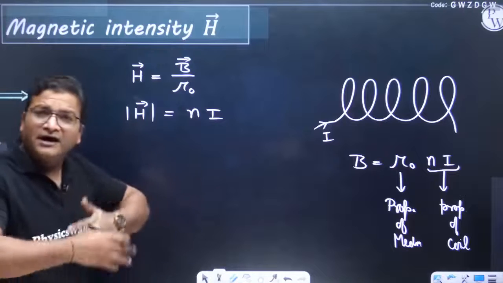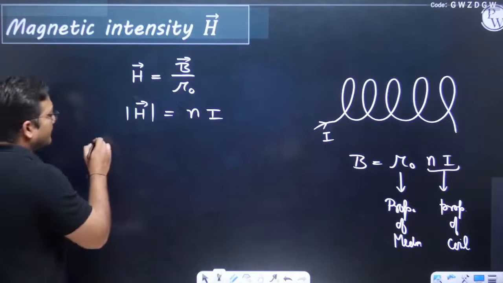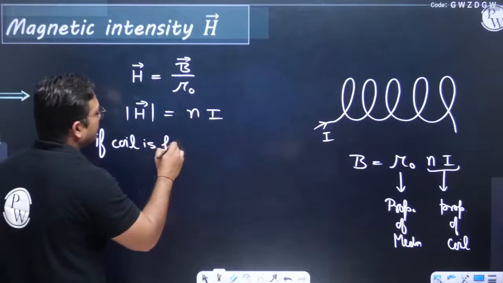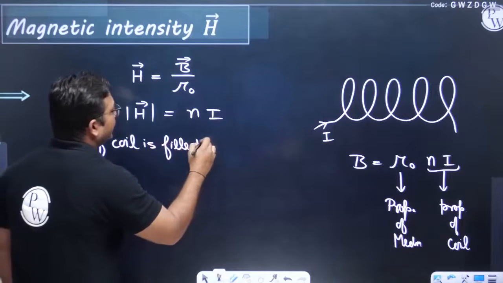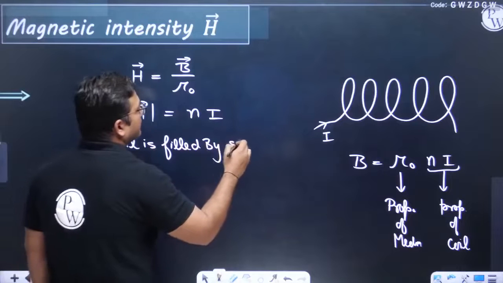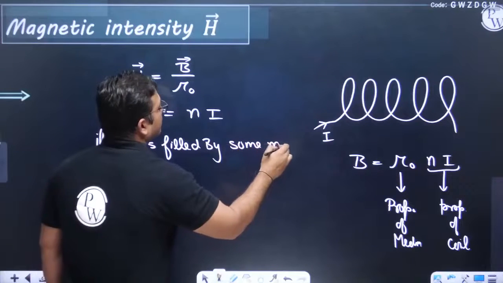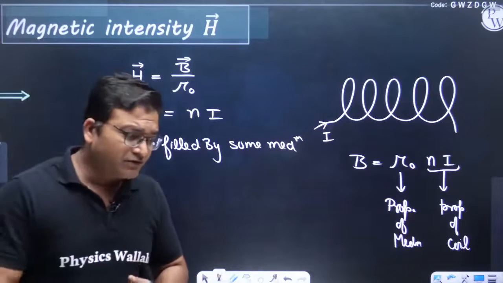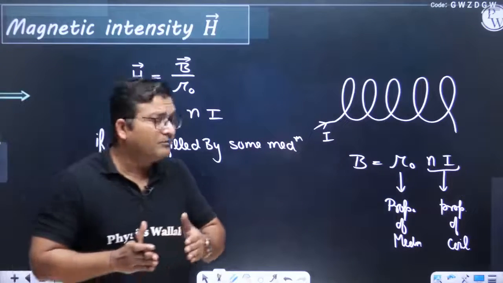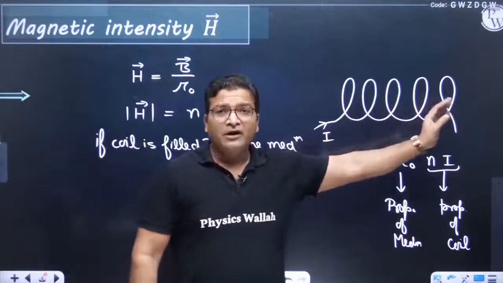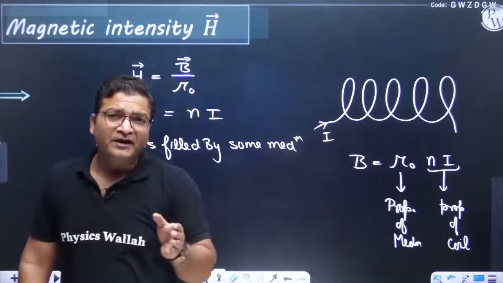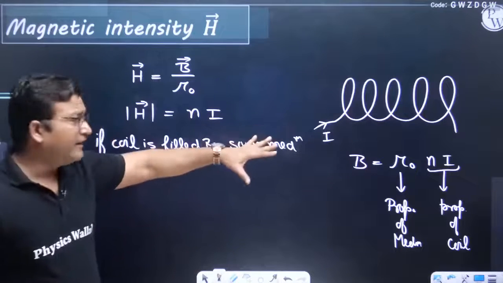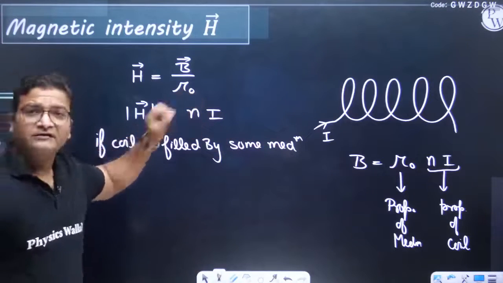If the coil is filled by some medium other than vacuum or air... Actually, in vacuum there is no medium, and in air also there is effectively no medium as the density of air is very low. So the permeability of vacuum and air is the same, equal to mu naught.